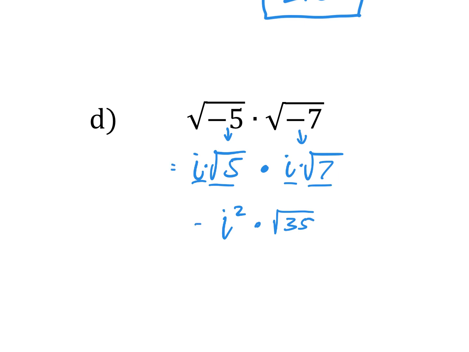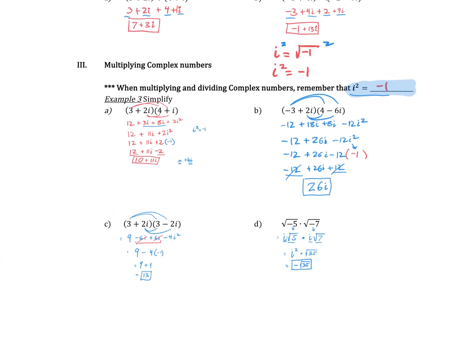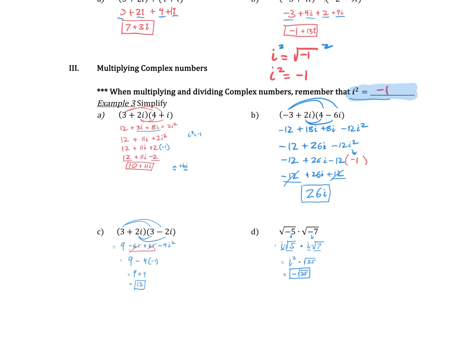Okay? So you've got to simplify first before you use the radical product rule. And now, what is i squared worth? Well, it's negative 1. And so we get negative the square root of 35, or negative 1 times the square root of 35. Okay? All right, so that's how we multiply. Just do the multiplying, treating i like a variable, and then in the end, swap out the i squared for negative 1.